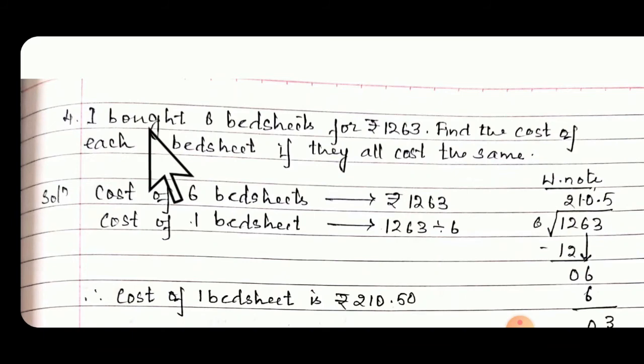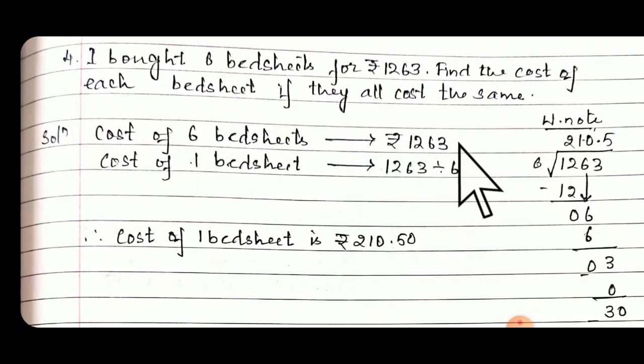Question number 4. I bought 6 bed sheets for rupees 1263. Find the cost of each bed sheet if they all cost the same. Each means 1. 1 means, to find for 1, we have to divide.